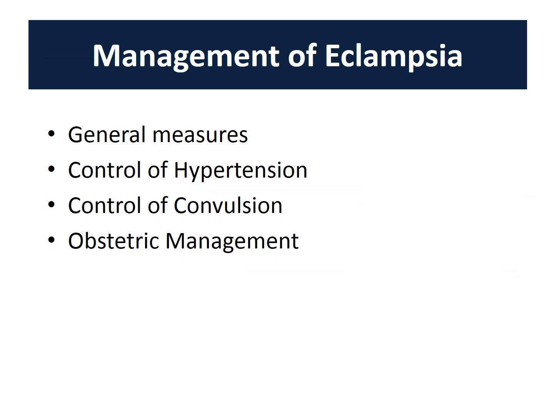Coming to the management of eclampsia, it is described in 4 steps: general measures, control of hypertension, control of convulsion, and obstetric management. Though described separately, they should be instituted simultaneously.